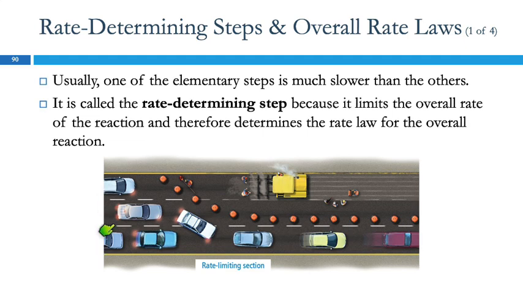So here we have 3 lanes, but they're doing some construction here, and so they have 2 of these lanes blocked off. We've got 3 lanes of traffic coming in, but they have to merge down to 1. This is going to be the rate limiting step. Cars getting past this point is going to determine how fast the overall traffic can proceed. Does that make sense?